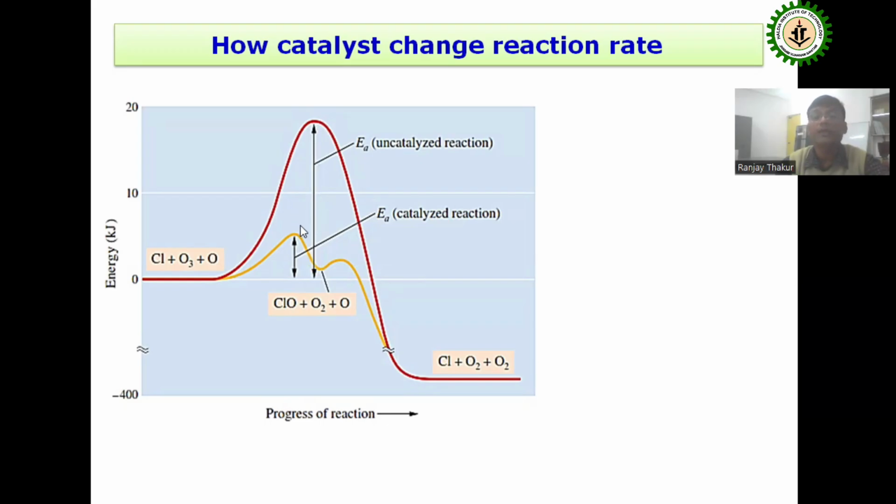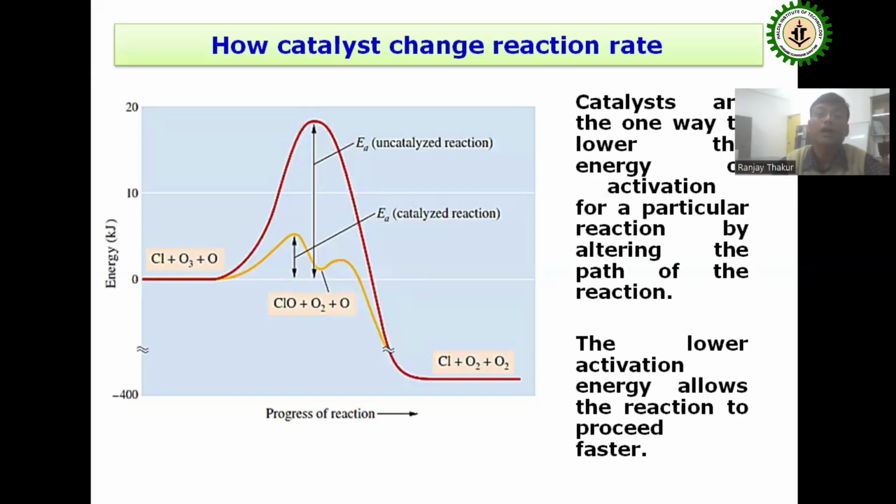But when you apply a catalyst, it is practically seen that the height decreases. That means the activation energy decreases. And as the activation energy decreases, time consumption decreases, and if time decreases, the rate of reaction increases. So a catalyst decreases the height of the energy barrier, or you can say it decreases the activation energy.